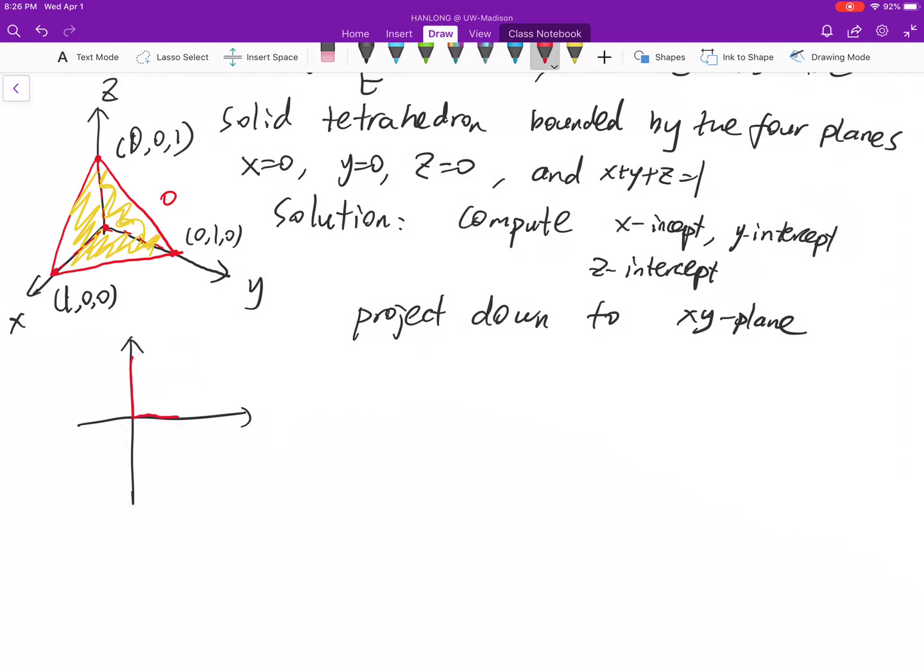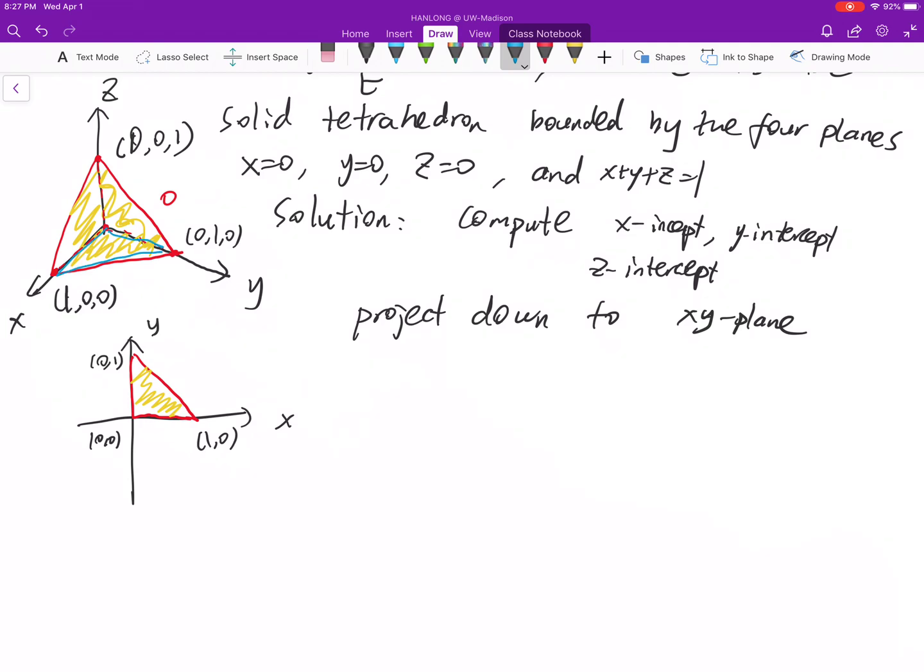The region is a triangle whose vertices are the origin, (1,0) and (0,1). And then for the z coordinates, you have two faces.